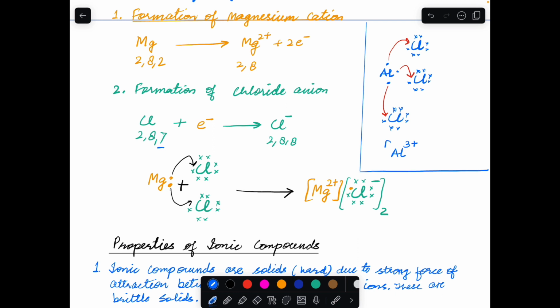All 3 electrons of aluminium will be lost, and these will be taken by chlorine. Chlorine already has 7, and the 8th electron is from aluminium. So we have 1 unit negative charge here, and 3 chloride ions. So the formula of aluminium chloride is AlCl3.